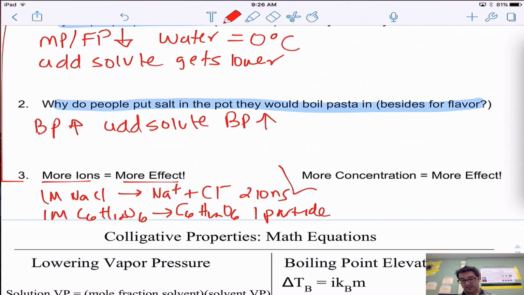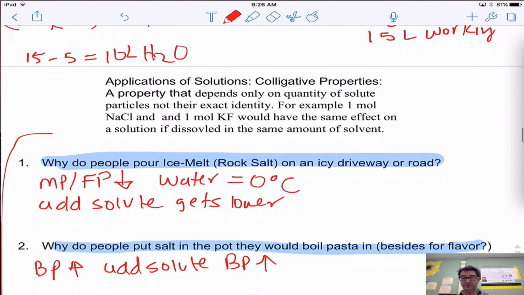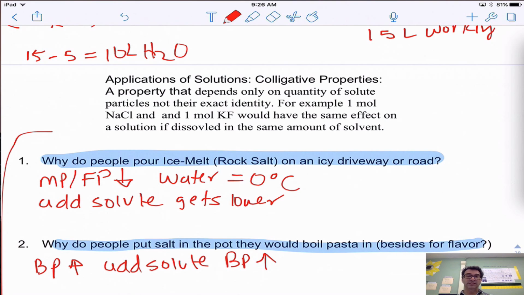The other thing which is obvious is the concentration. If you have a higher concentration, and this is molarity, that will have more of an effect, because you're getting more particles. Remember what a colligative property is telling you? It only depends on the amount of solute. The more solute that we add, the more it interferes with the boiling and the freezing.